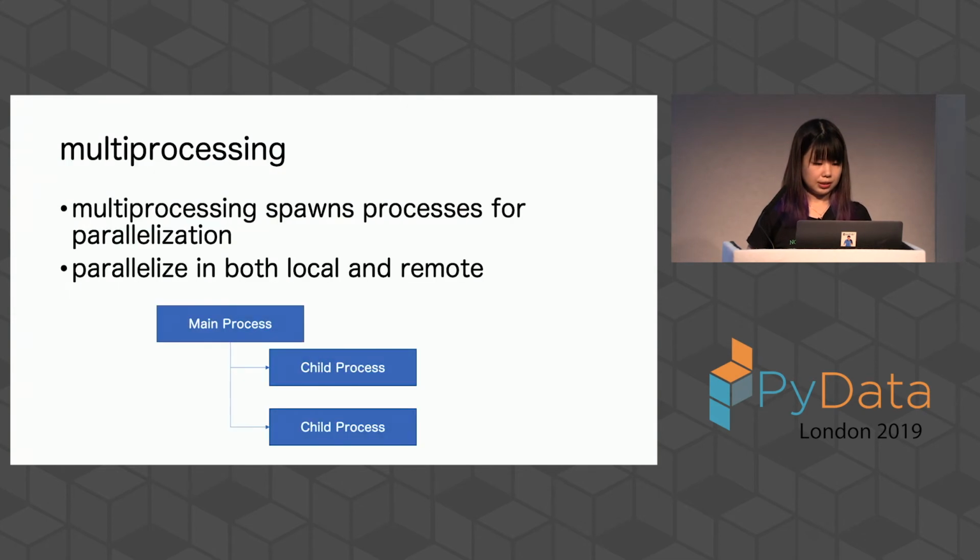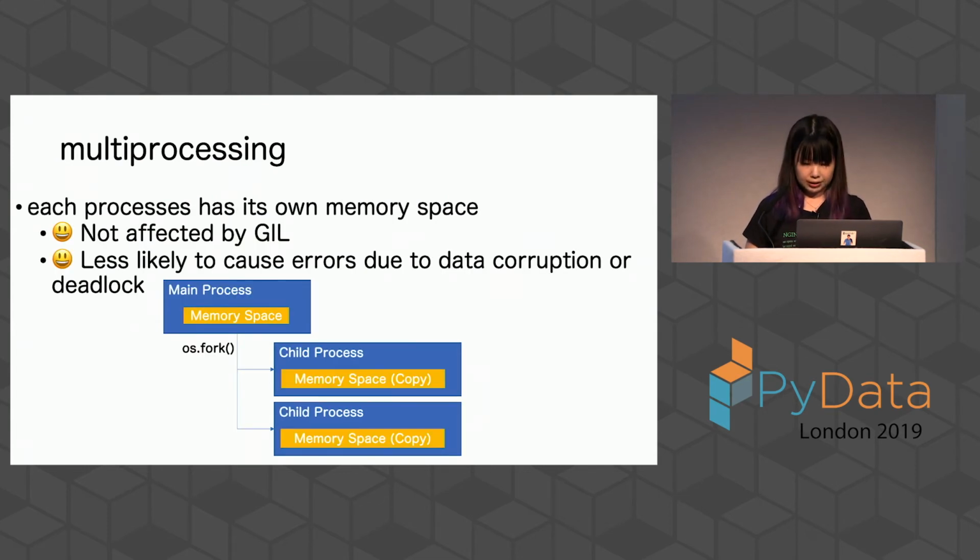Next, multiprocessing. Multiprocessing spawns a process for parallelization. The multiprocessing library can parallelize on both local and remote machines. Let's study more about how multiprocessing divides one process into sub-processes. With the multiprocessing library, each process has its own memory space.